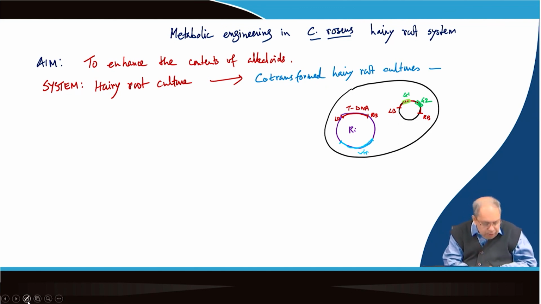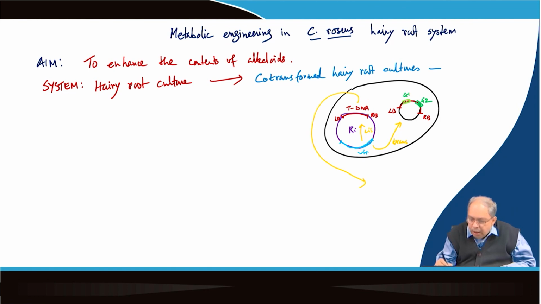What should happen is basically this virulence region will work both in cis as well as in trans. This works in trans, and this is cis. So, it allows this tDNA to go out and this tDNA to go out.